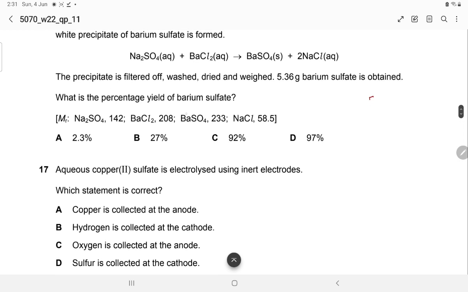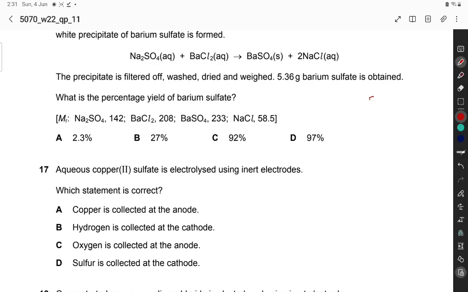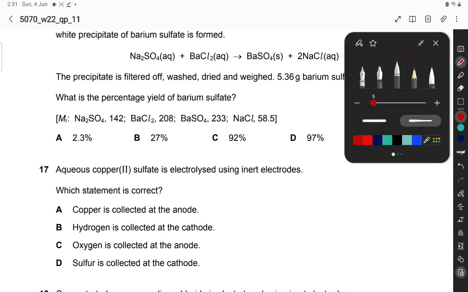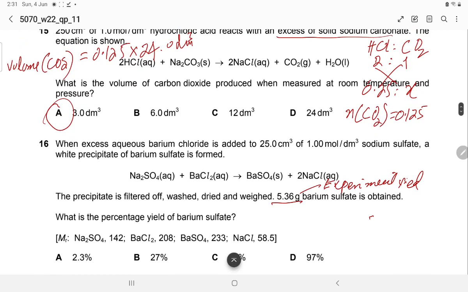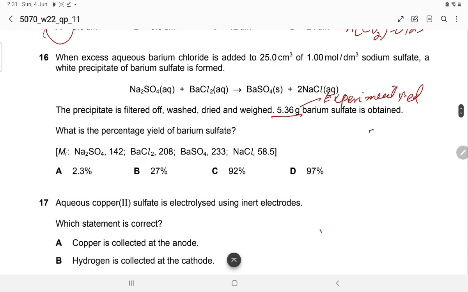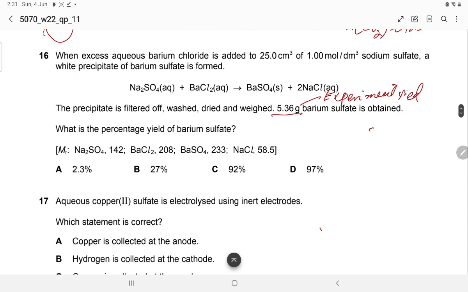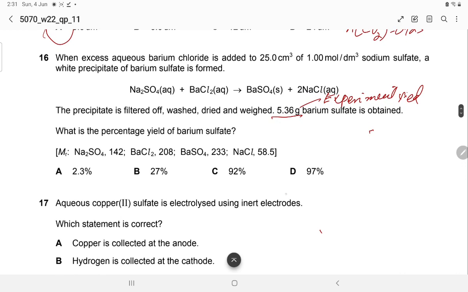What is the percentage yield of barium sulfate? So let's calculate. 5.36 is obtained. This is experimental yield, which is obtained from 25 centimeter cube of sodium sulfate.